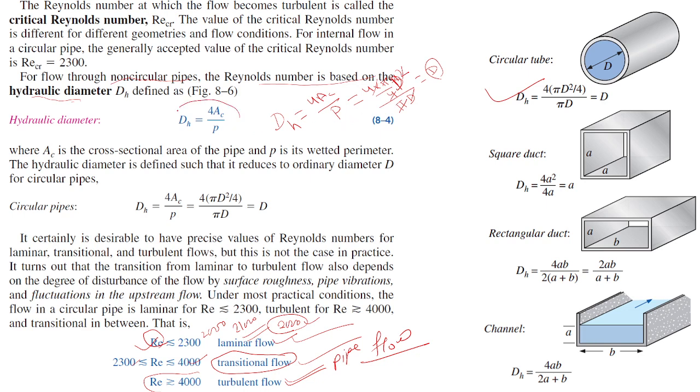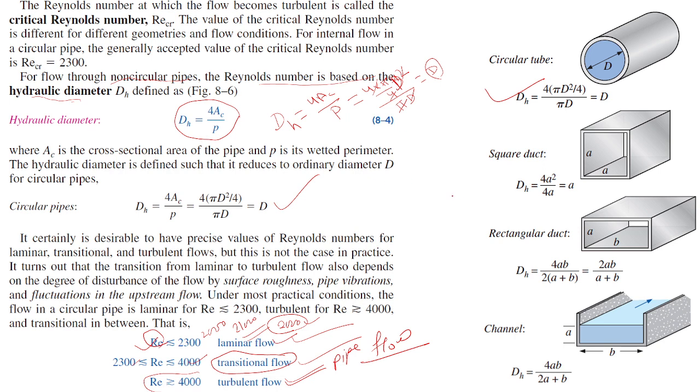Using this formula 4Ac by P, you will calculate the characteristic length for a non-circular pipe.